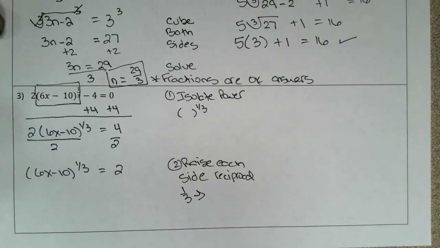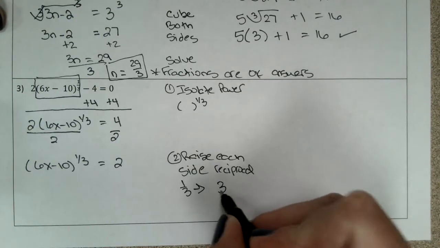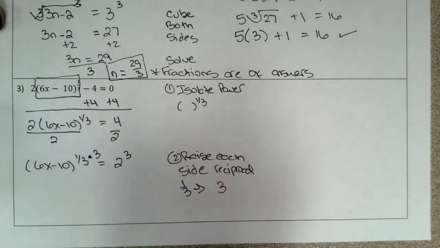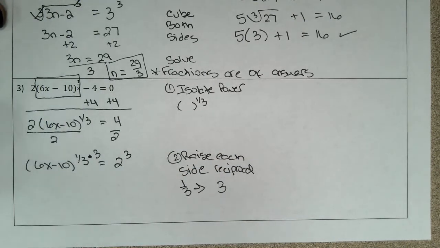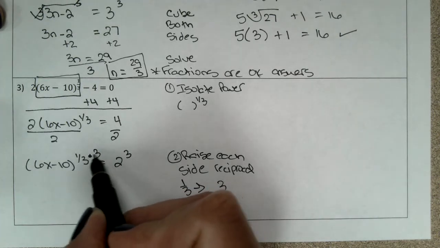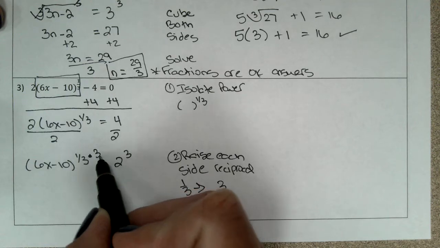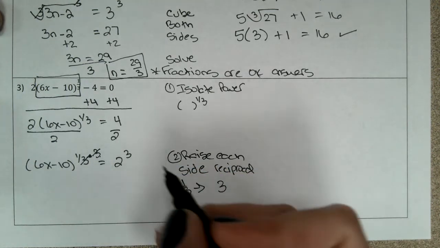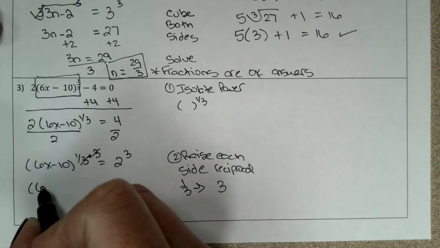The reciprocal of 1/3 is 3. So I'm going to raise each side to the power of 3. And I do that because when I have this 1/3 times 3, 1/3 times 3 equals 1. They end up canceling each other out.